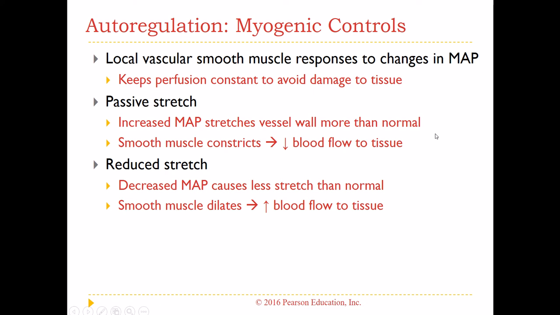Now, the myogenic controls are about regulating perfusion despite changes in the mean arterial pressure in the body as a whole. That keeps perfusion to each of these local organs where it should be without causing damage to the tissues. Now, the smooth muscle in the walls of the blood vessels have this very interesting response to when they are stretched.